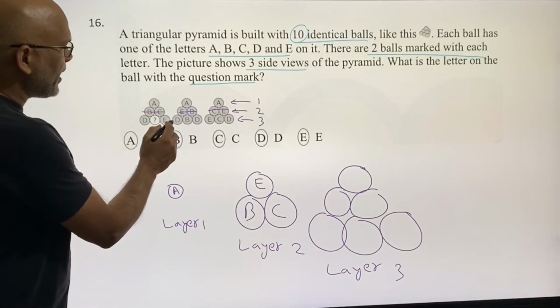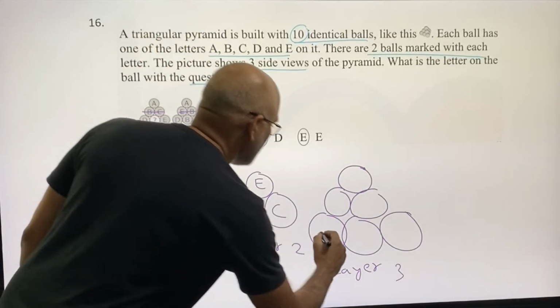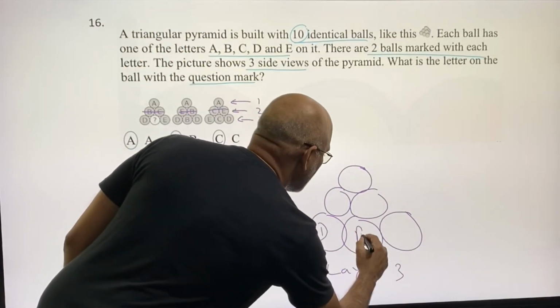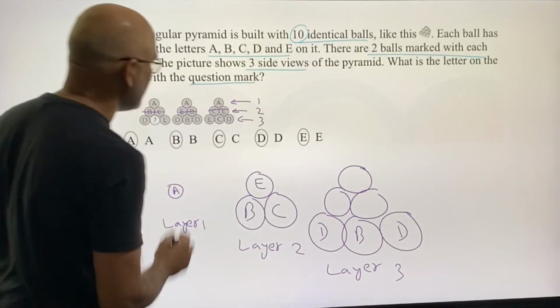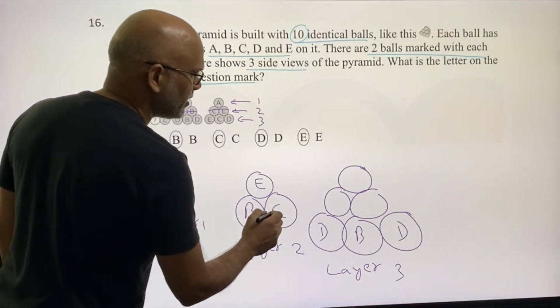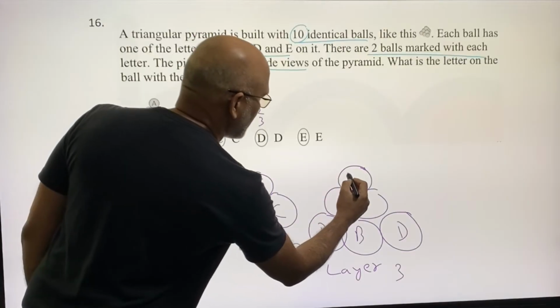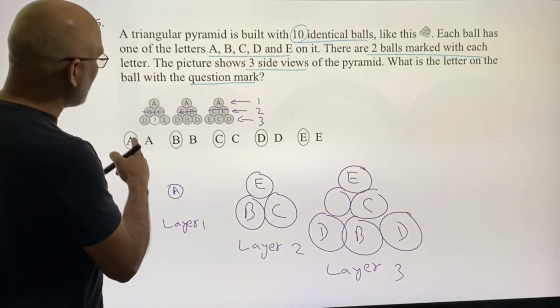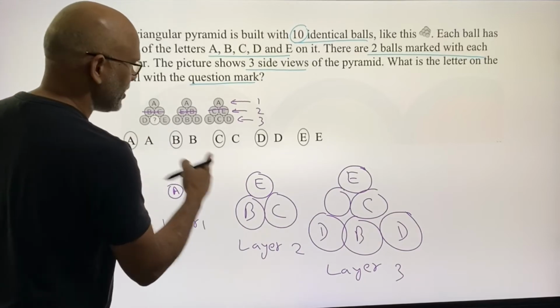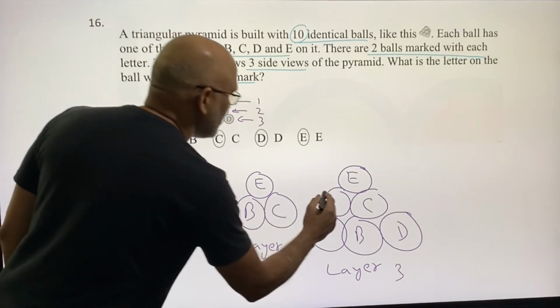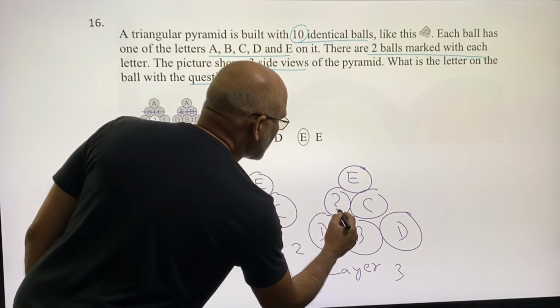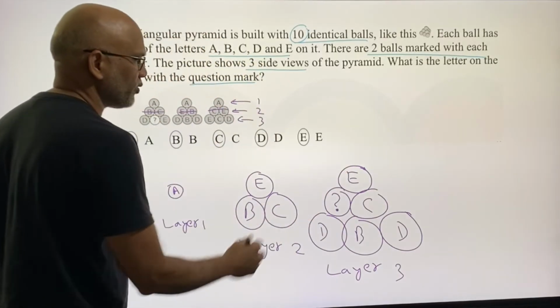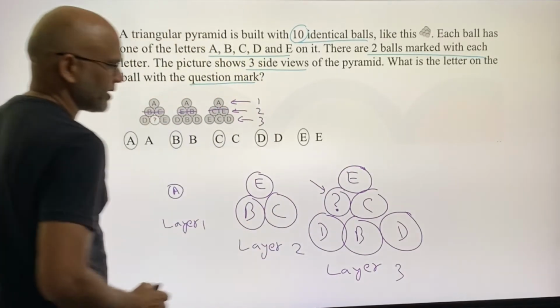So we want DBD, DBD, ECD, ECD, and then we have D something E. So this is the question mark, right? D something E. We need to find out what this is.